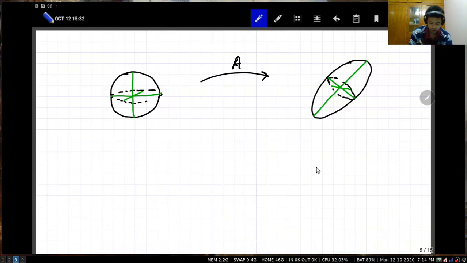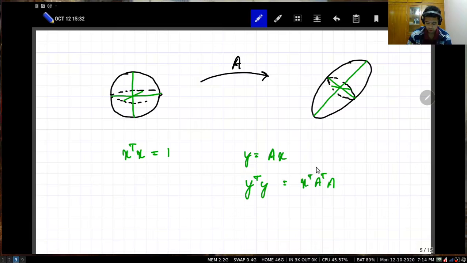So the original sphere, the unit sphere, can be written as x transpose x equal to 1, right? But then if we look at the transformation y is equal to A times x, then y transpose y would be equal to x transpose A transpose A x equal to 1, right?